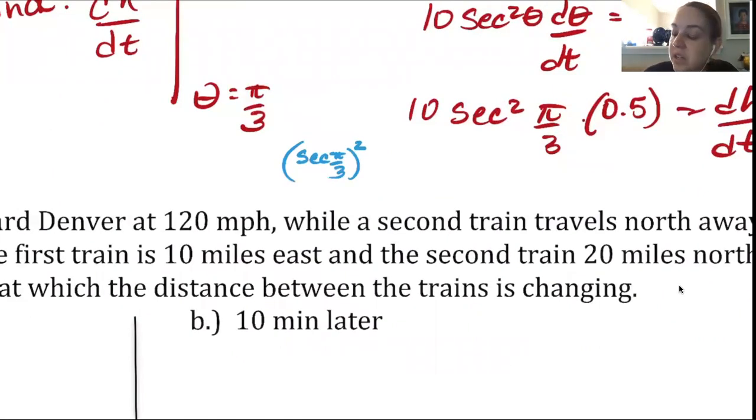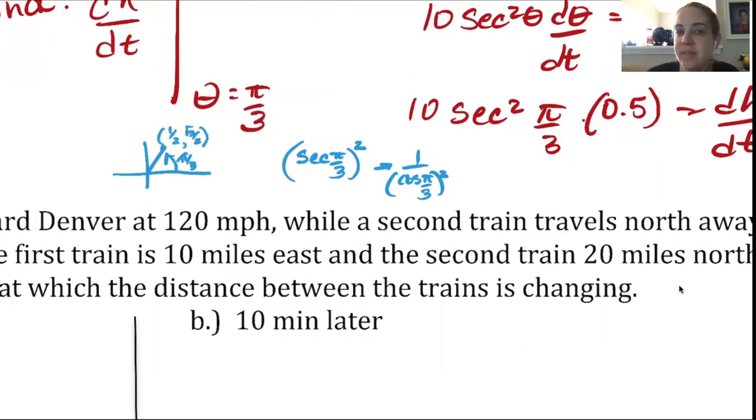But secant is related to cosine. So this is really 1 over cosine of pi over 3 quantity squared. You can take the reciprocal of it. So remember your unit circle. So over here, pi over 3 comes up to here. Your coordinates at pi over 3, and make sure you look those up if you're not familiar with them, are 1/2, root 3 over 2.